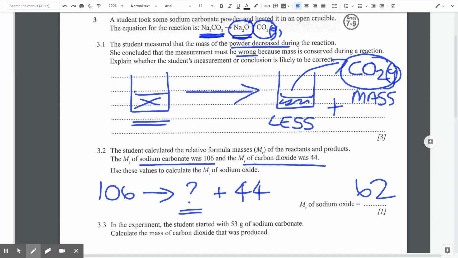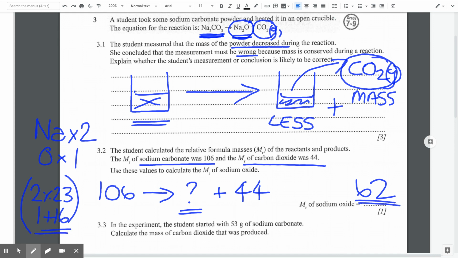We know that from using a periodic table, if we've got 2 sodiums and 1 oxygen, sodium weighs 23, so we'd have 2 lots of 23. We'd add on a 16 using the periodic table, and we'd then have secondary confirmation that 23 times 2 plus 16 does also equal 62.